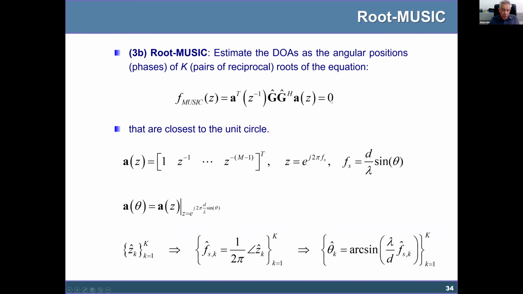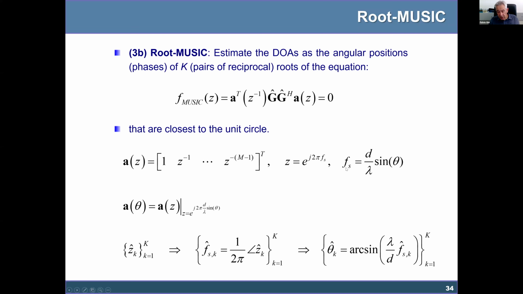And once we have the roots of this equation in z, we can find the direction of arrival. Why? Because there is this relationship between z and the spatial frequency. From the phase of the roots, we get this value here. If we divide by 2 pi, we get the spatial frequency.